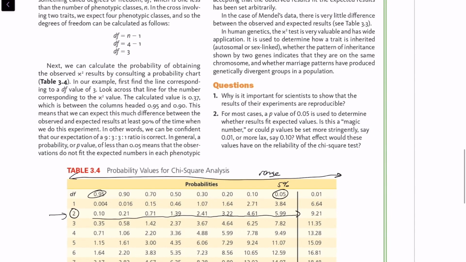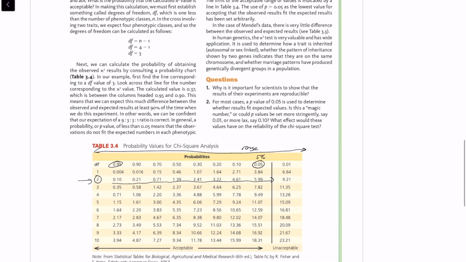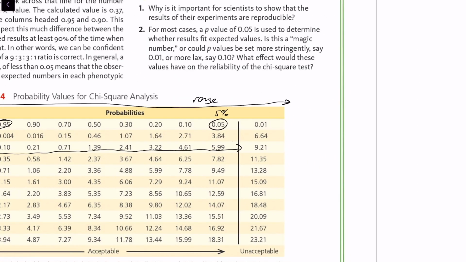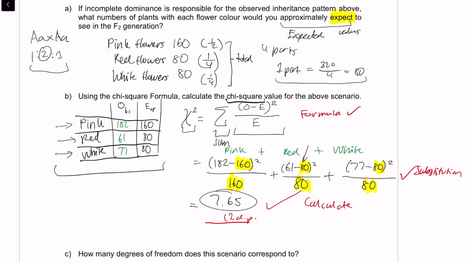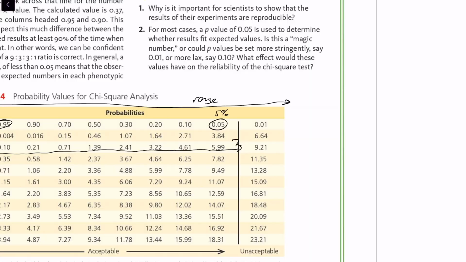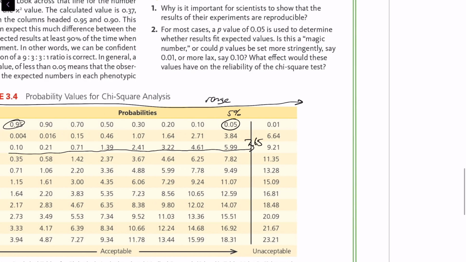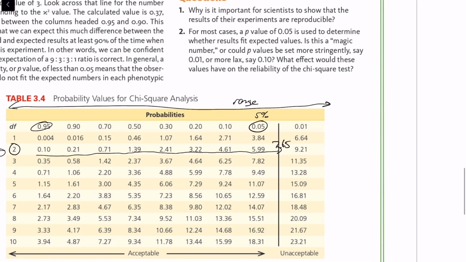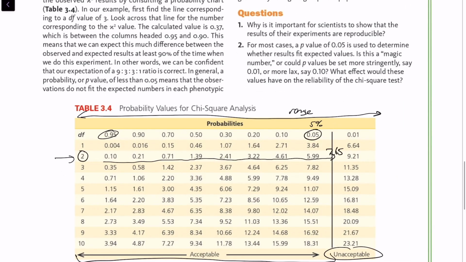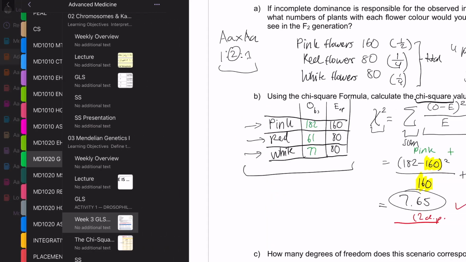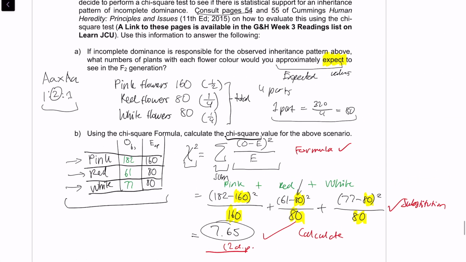So my 7.65 is essentially outside this acceptable range for my chi-square values, which means that the hypothesis I've stated, saying that this is an incomplete dominance scenario, is unacceptable.